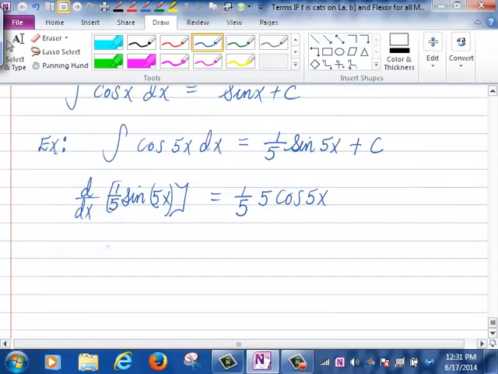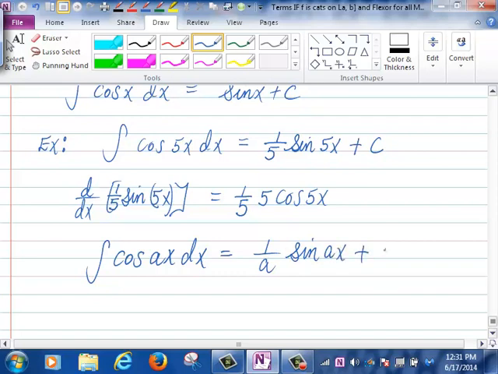Generally speaking, if I have cosine of any constant a multiplied by x dx, it's going to be 1 over a times sine of ax plus c, as long as a is not 0. Of course, if a is 0, then it's just a constant function, right? Cosine 0 is 1.